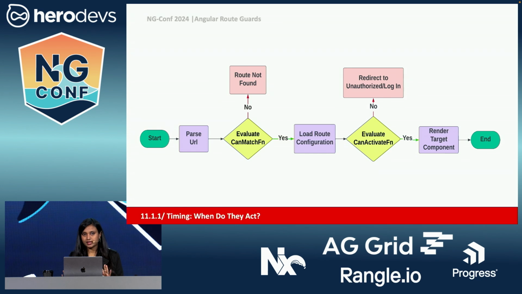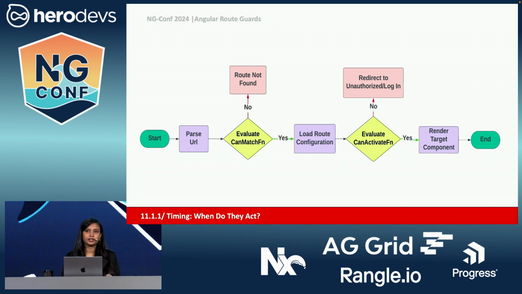So let's look at this navigation diagram to understand the timing better. Whenever we are parsing a URL, the very first step is that the canMatch function will be evaluated. And if the evaluation results in no, then the route will not be found. And in case we are doing lazy loading, the component or the module will not be loaded at all. If it's a yes, then the route configuration will be loaded.